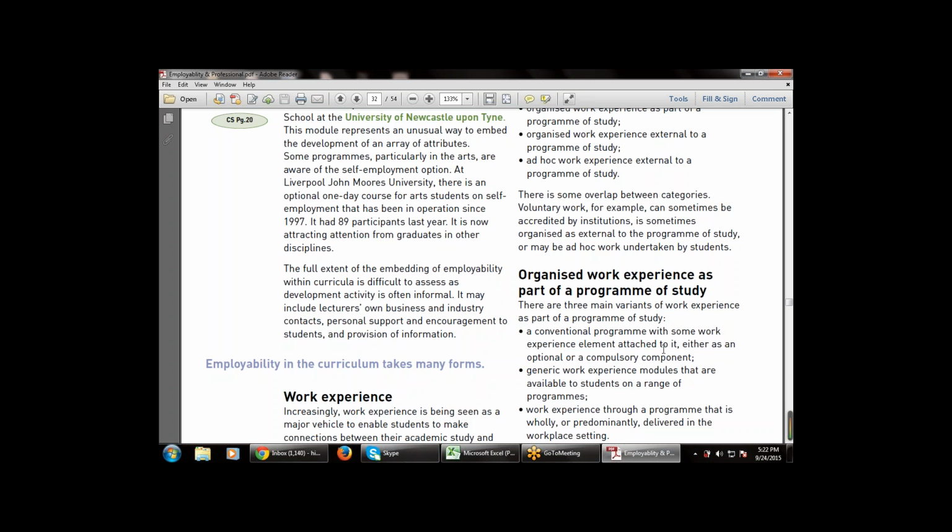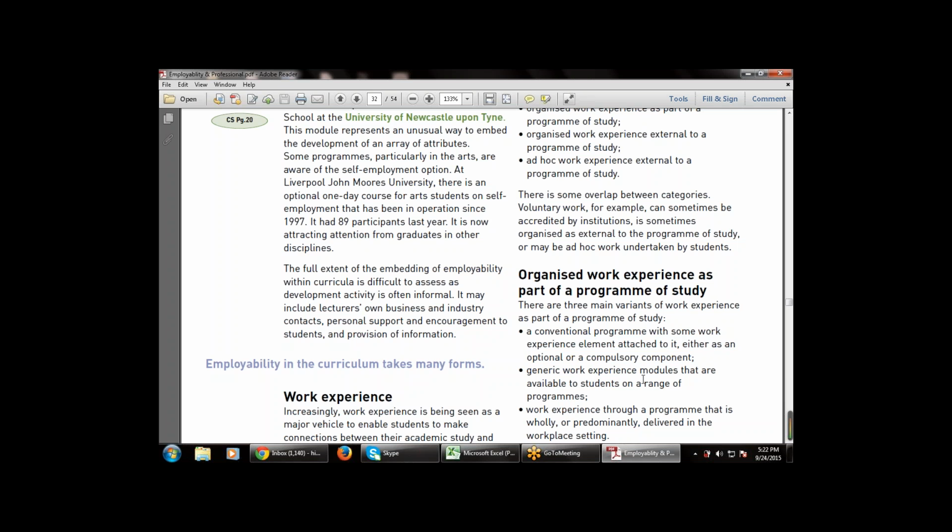First is a conventional program with some work experience element attached to it, either as an optional or a compulsory component.